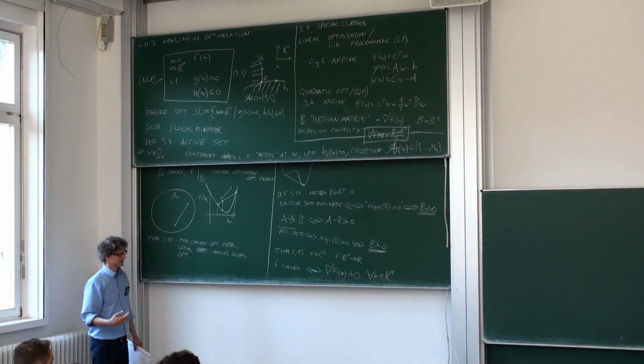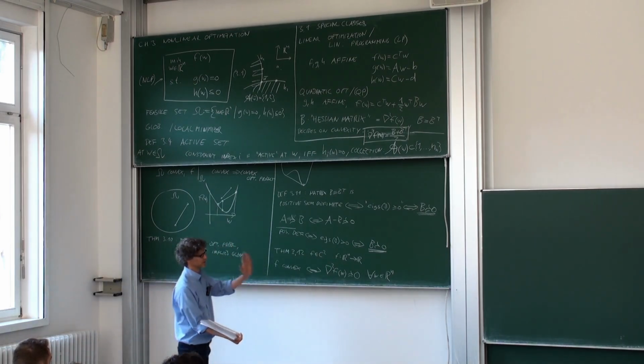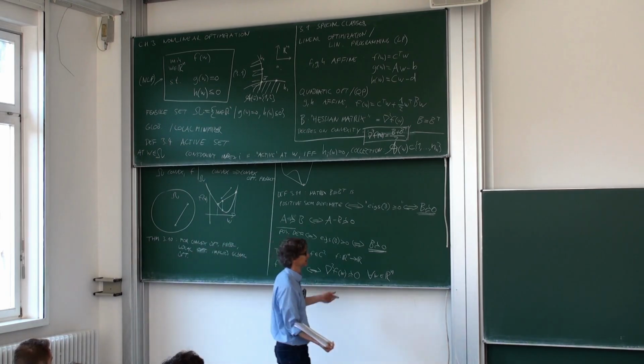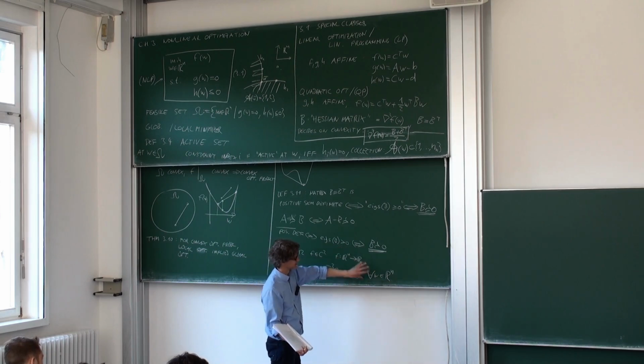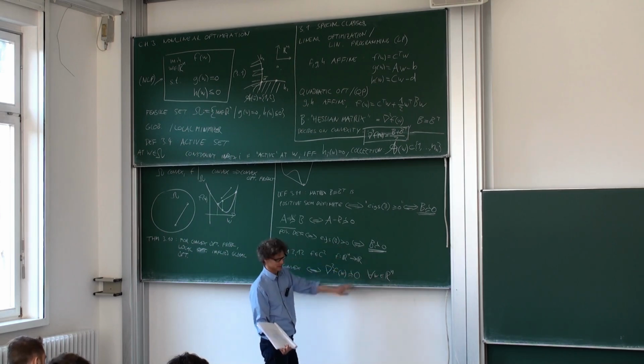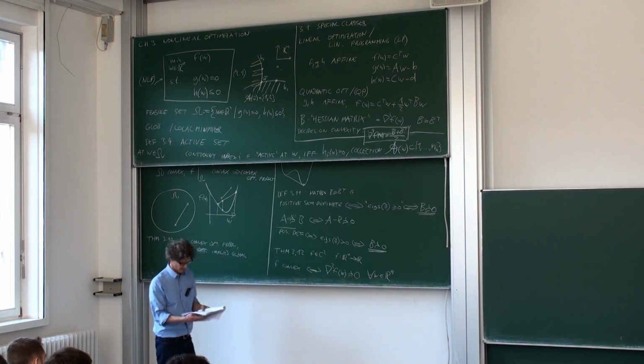You could also define the function only, for example, for positive numbers or such things, and then it would be defined on a convex feasible set, and you check this only on the convex feasible set.